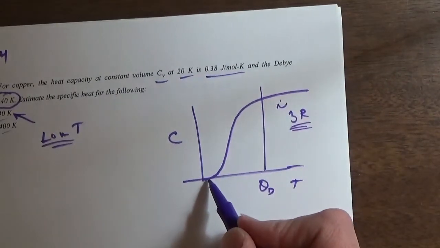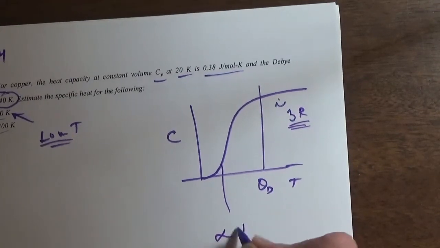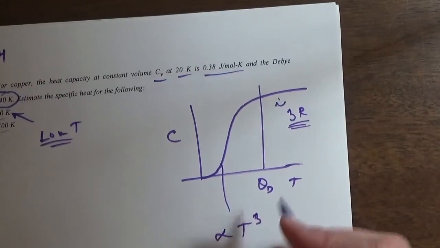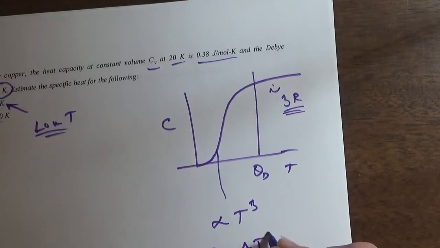And at low temperature, the curve goes as proportional to T cubed. In particular, we'll write it out as having some constant of proportionality, equal to A T to the 3.